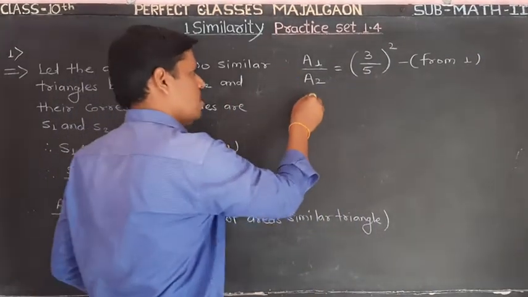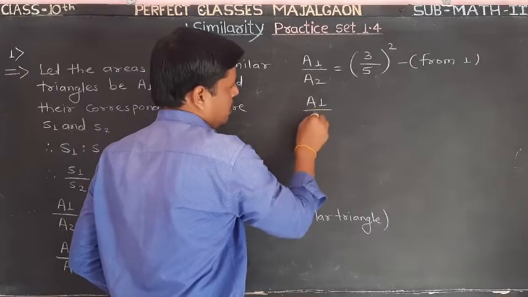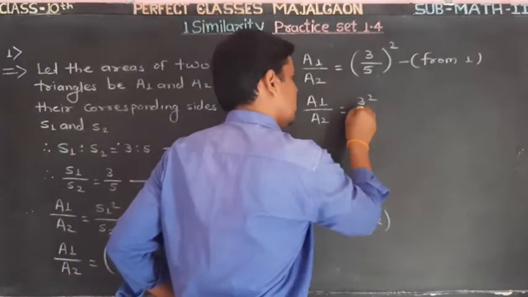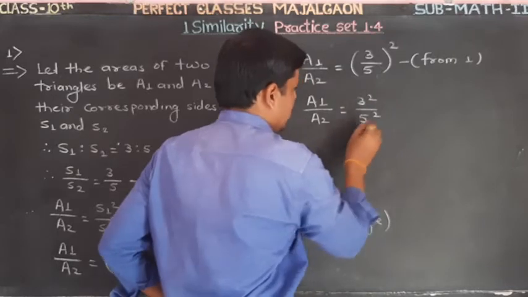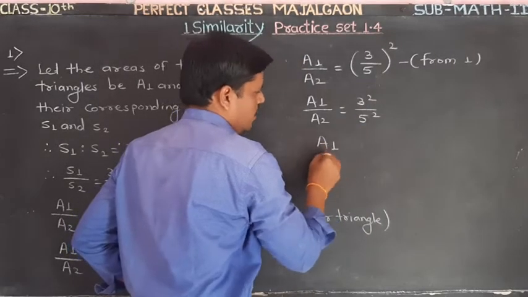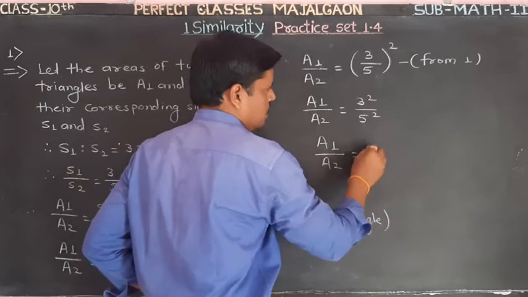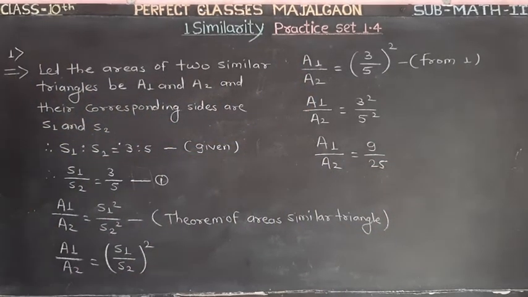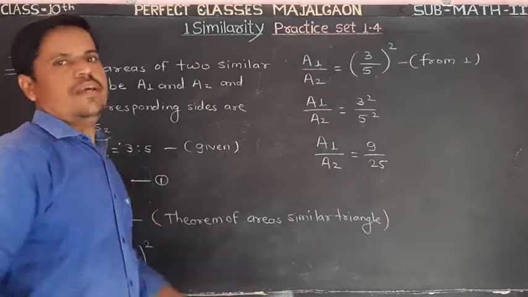Now take the square of each term. A1 upon A2 equals 3 square upon 5 square, which is 9/25. They ask to find the ratio of their areas.